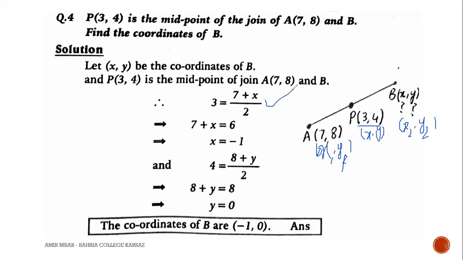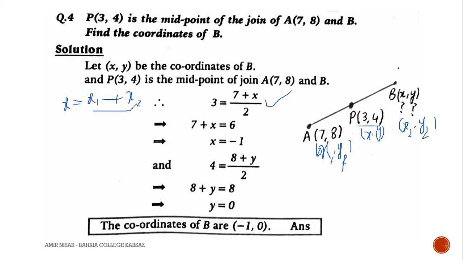As we just discussed, the x component is x1 plus x2 divided by 2. I'm writing it for your convenience here. These basic formulas you must have in your mind. The x component is x1 plus x2 divided by 2.